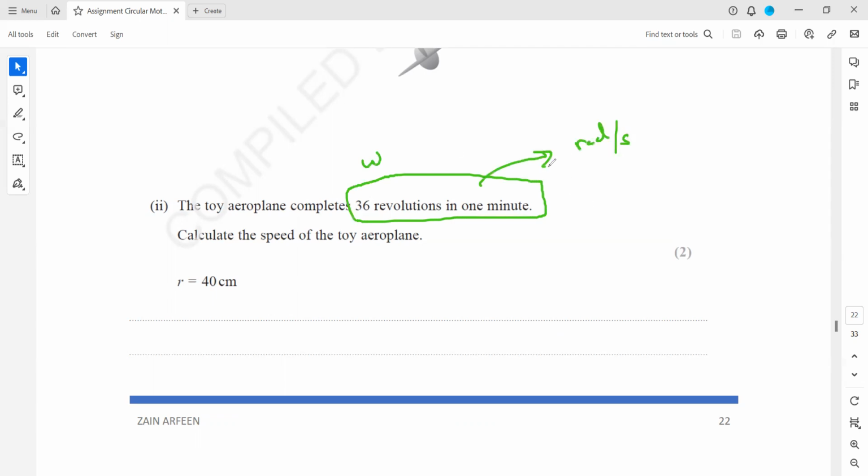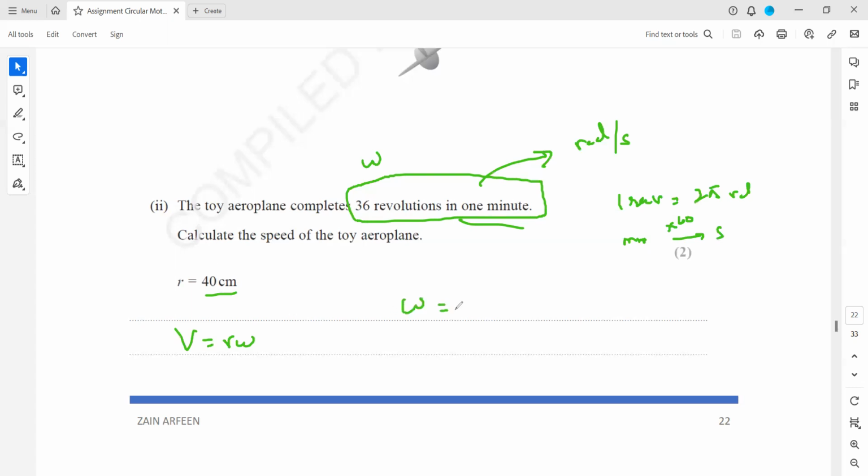So we have to convert the revolutions into radians. One revolution, remember, is equal to 2 pi radians. And the minute we have to convert into seconds as well, so multiply by 60. And the radius is in centimeters. So we need v, that is r omega.